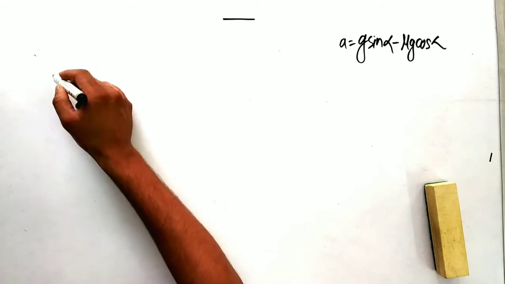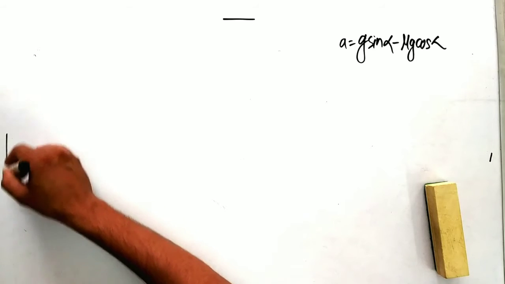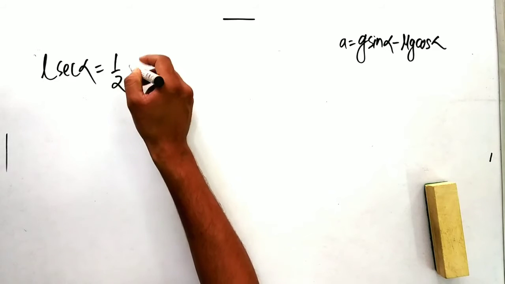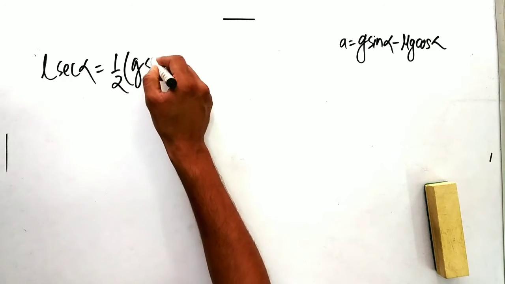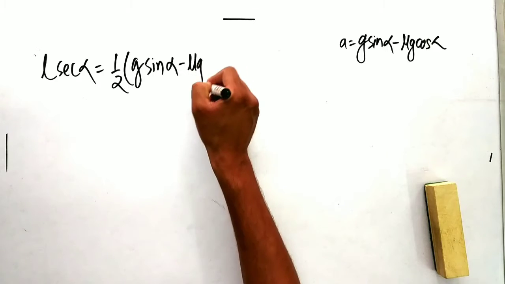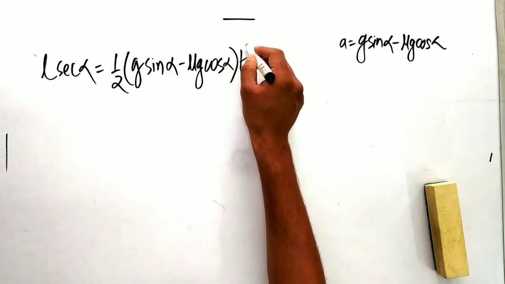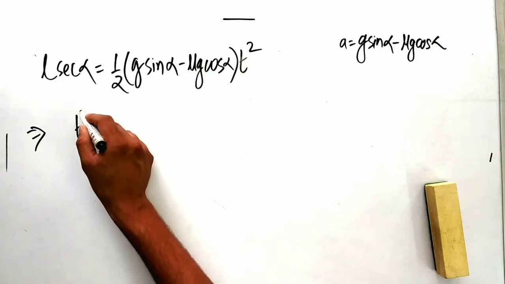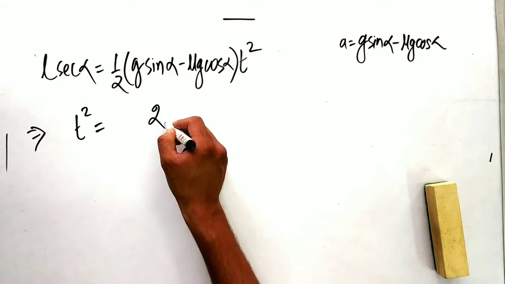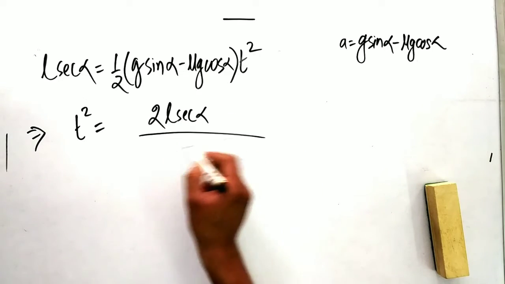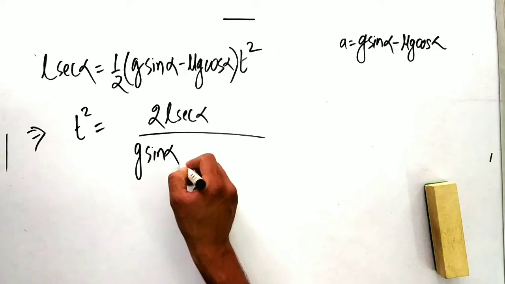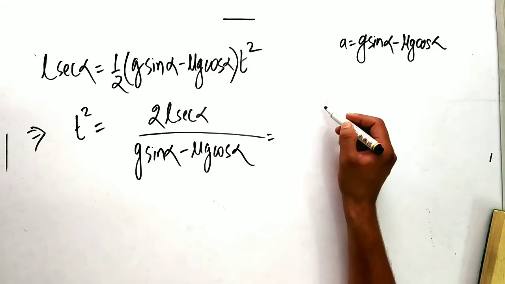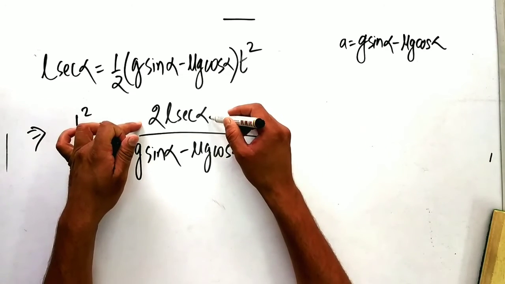We'll keep this aside for our use. We were at L sec alpha equals half a t square, which gives us t square equals 2L sec alpha divided by g sine alpha minus mu g cos of alpha, which is 2L divided by cos of alpha.